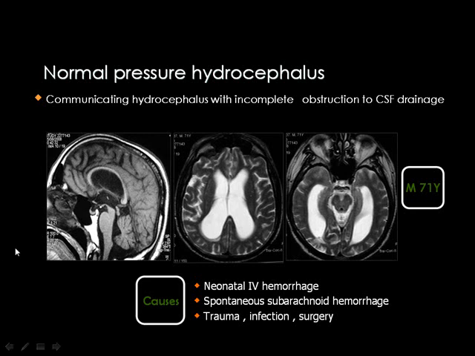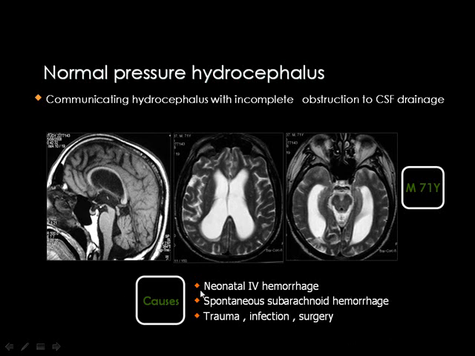Then you look at this MRI and you can see that the ventricles are dilated, but the cortical sulci are within the normal range. The cause of this hydrocephalus is explained in the literature by this.